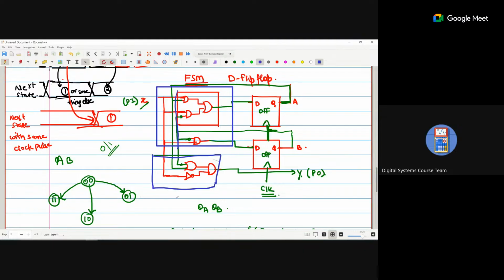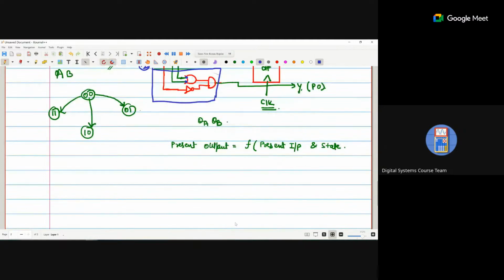So I say this is 1 and 2. From the second we are getting the output, and the inputs for the second are the input X, A connected here, and B connected here. So that means my present output is dependent on the present input and the state.